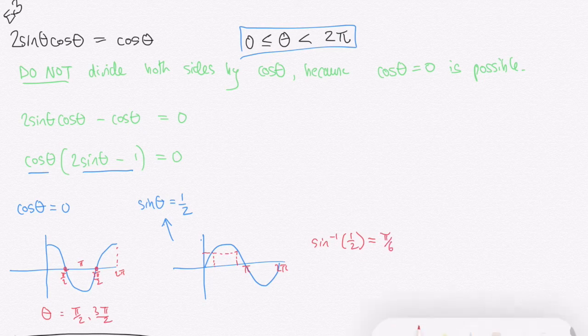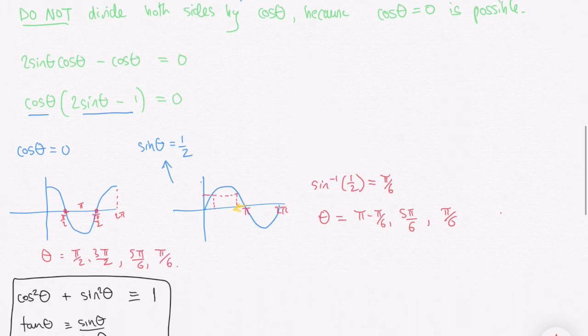And then finally, our final solution is this one here, where we can see that it is pi subtract pi over 6, which is 5 pi over 6. So theta equals 5 pi over 6 and pi over 6. So we have our four solutions to this equation.